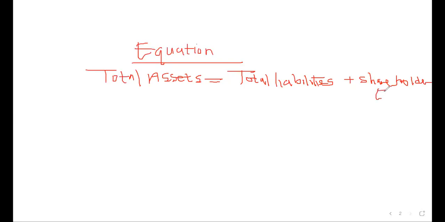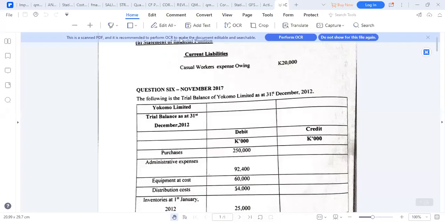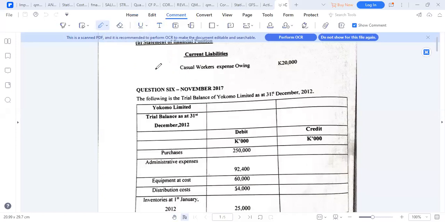Now, let us get straight into the question so that we start solving it right now. We are looking at this question for the trial balance, which checks the accuracy of the double entry system in accounts.